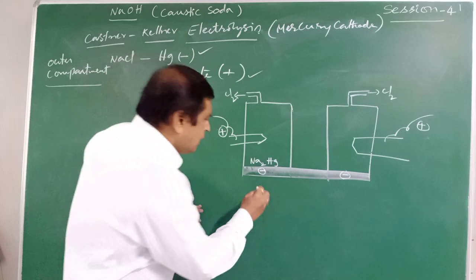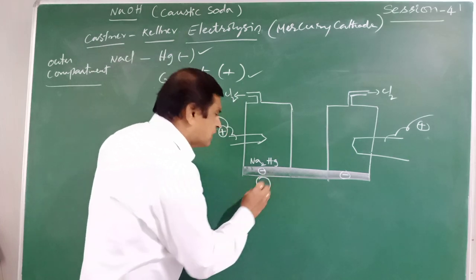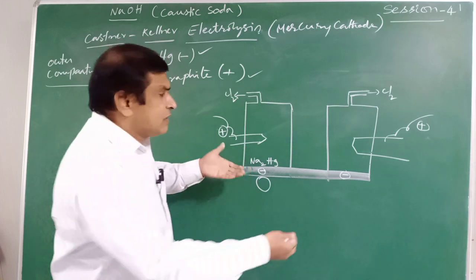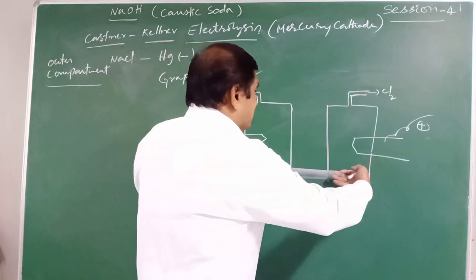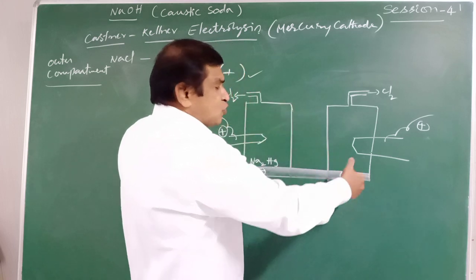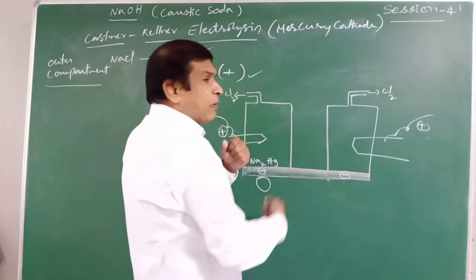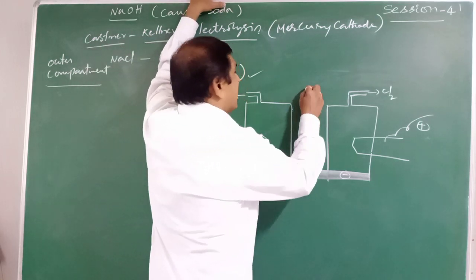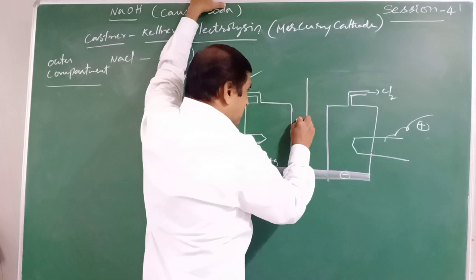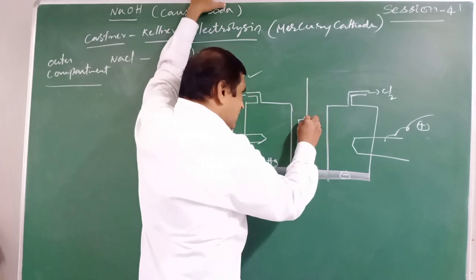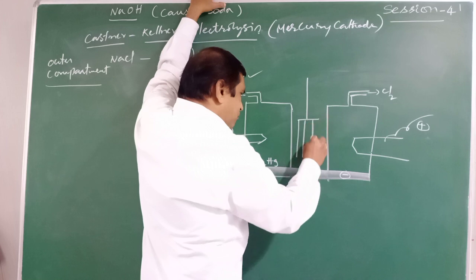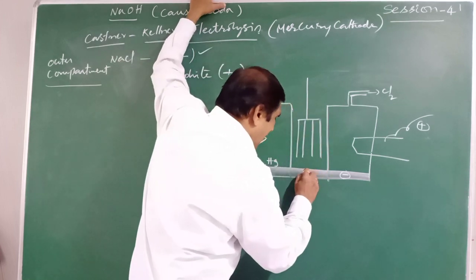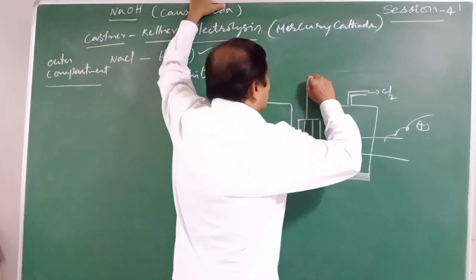Then there is one eccentric wheel placed at the bottom of the cell. Due to the rocking motion of the eccentric wheel, the sodium amalgam is completely shifted into the middle compartment. In the middle compartment, the sodium amalgam undergoes hydrolysis in presence of mercury anode and iron cathode.